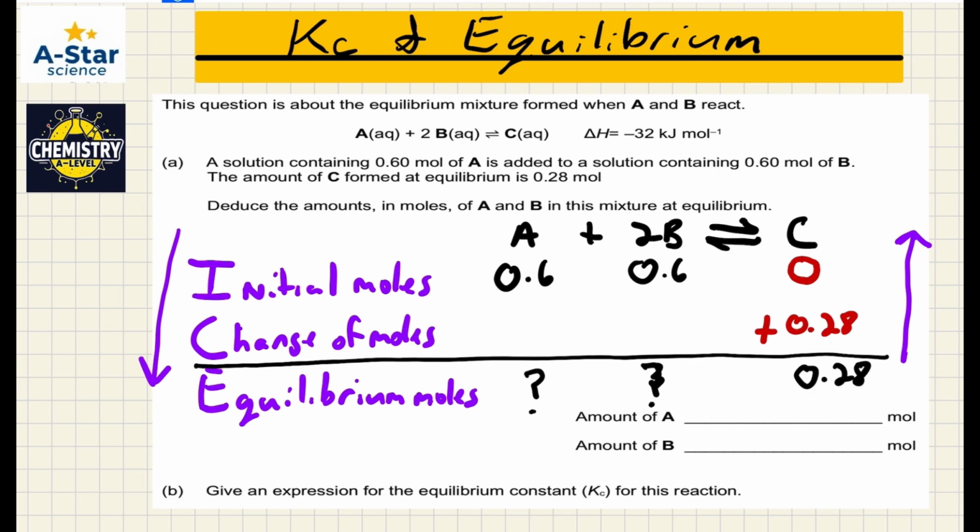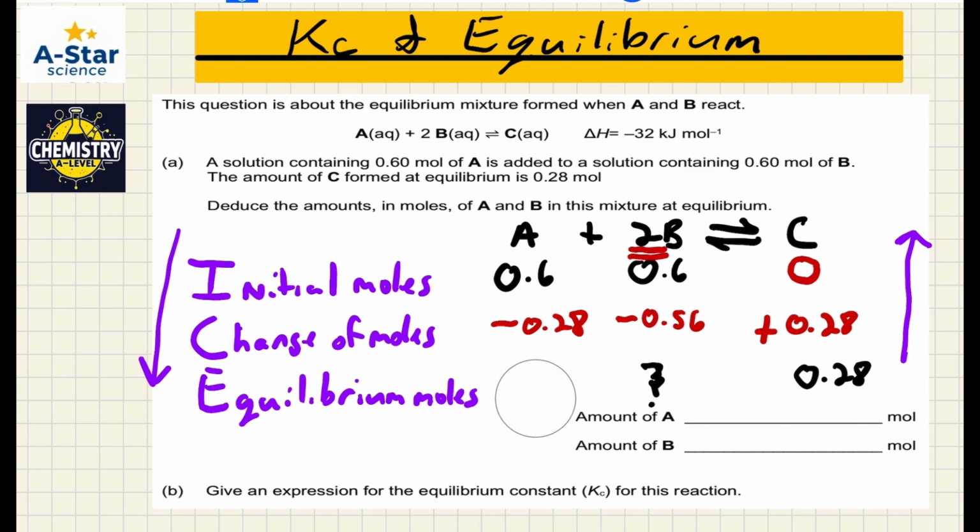Well, A must have gone down by 0.28, and B, which is a 2-to-1 ratio, must have gone down by twice that amount. So let's just use our calculator really quickly. 0.28 times 2 is 0.56. So B would have gone down by 0.56. So now we can determine the amounts at equilibrium.